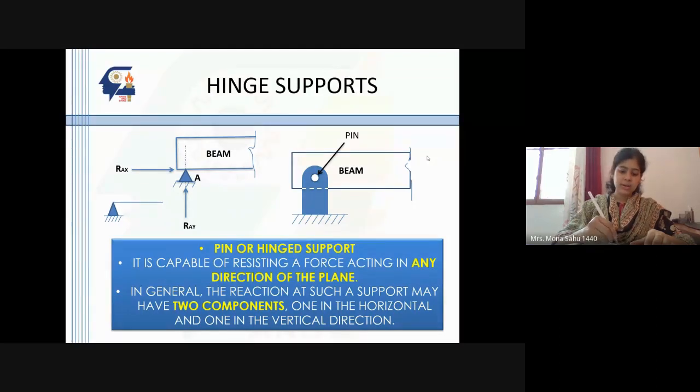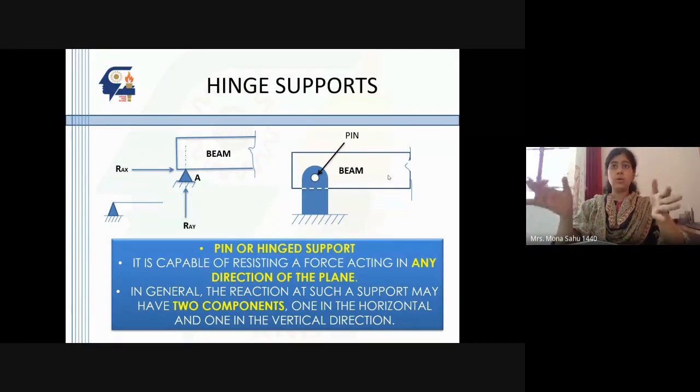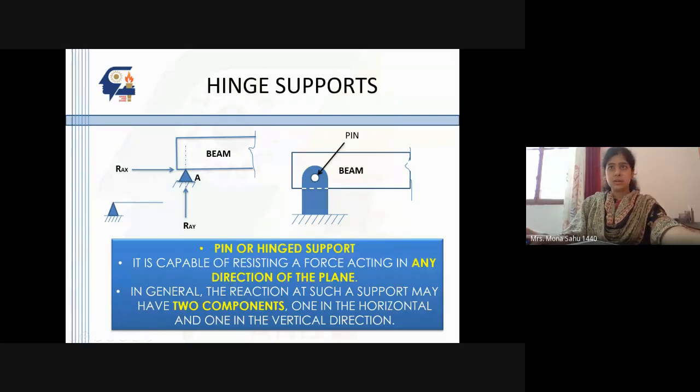And in the horizontal direction, there is again a reaction, so we are naming it AX. It is known as a hinge, or also known as a pin support, like a door moving. It's a pin support, restricted in any direction in the plane. Got it? You just have to draw the diagram.